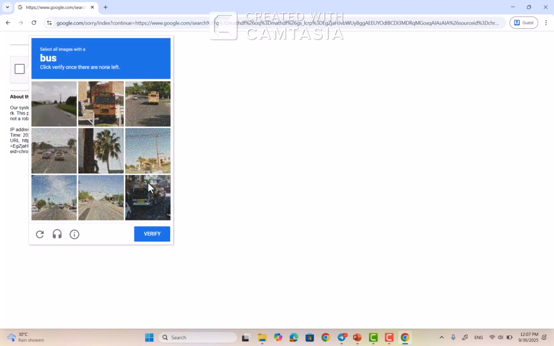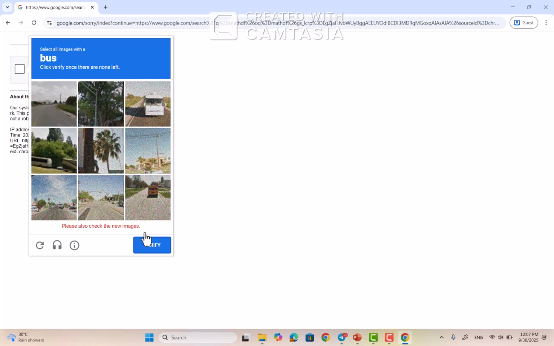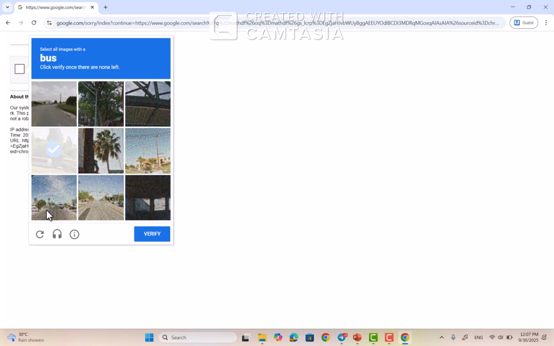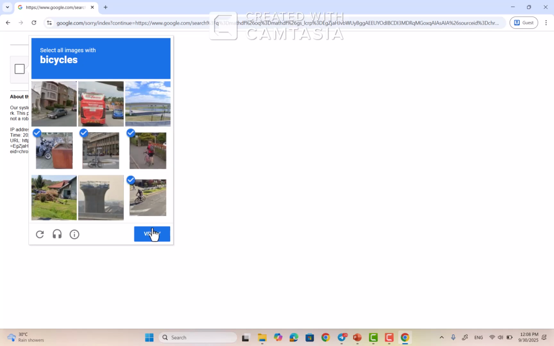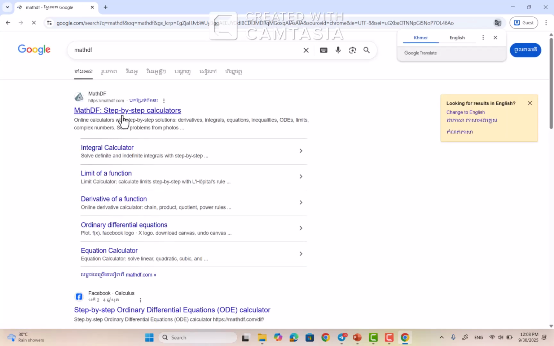Okay, tick I'm not a robot and verify. Now we can see Maths df step by step calculator.